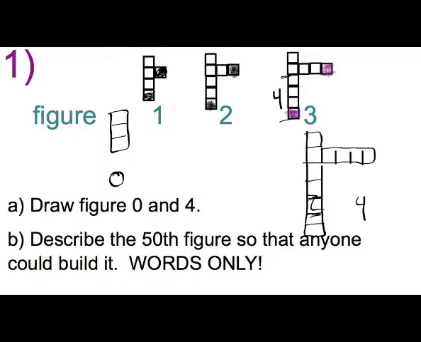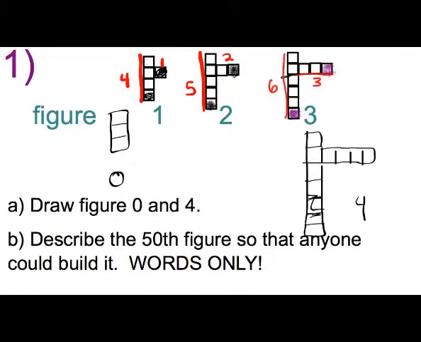I look at this side and it's 4 long, and this one is only 1. But then for figure 2 it's 5 long, and then this side is 2. I keep doing this because it helps figure out how long each side is. This one is 6, and this one is 3.